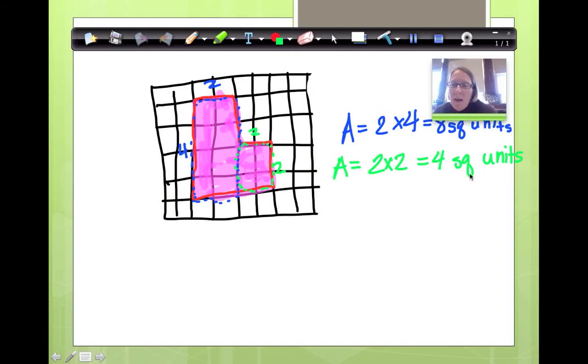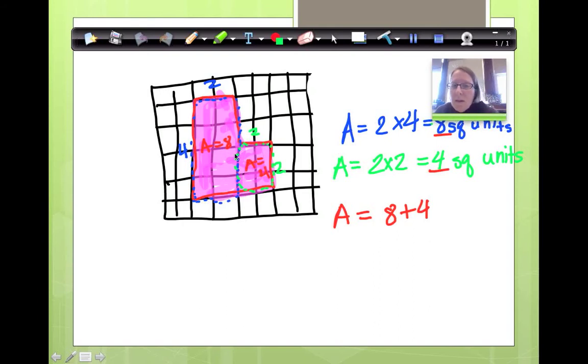Alright, now we've got the blue, we've got the green. We need to add the blue area and the green area, and that should give us the red area. So the area of the red rectangle should be 8 plus 4 because this is the answer of both of these. So this one has area of 8. This one has an area of 4.